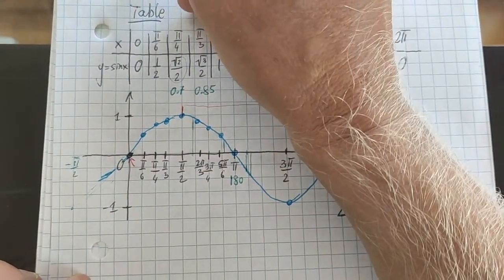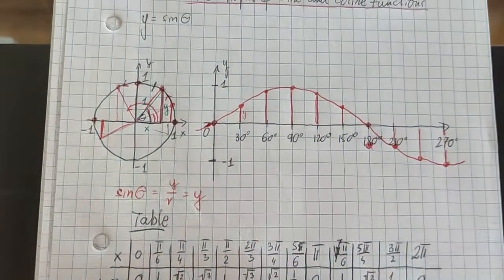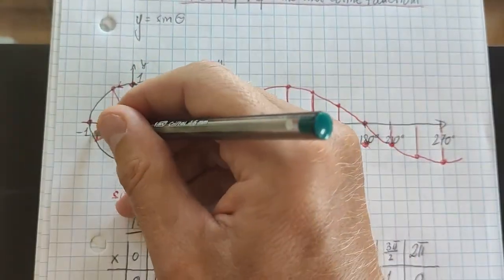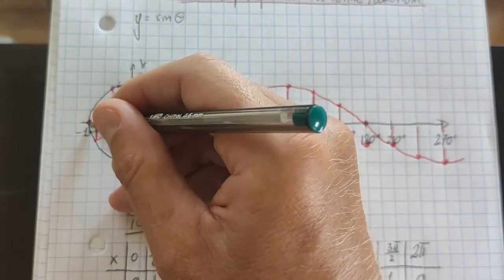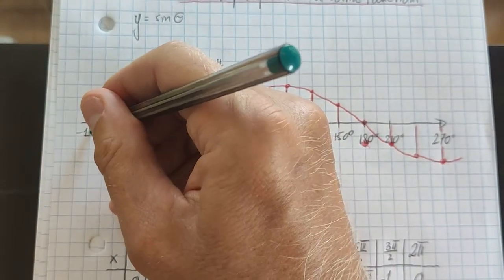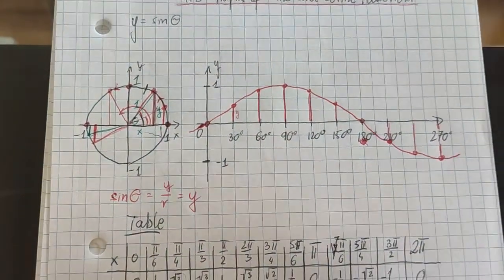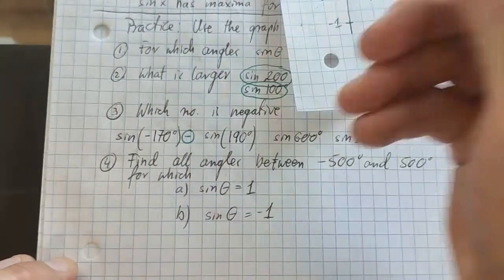So if I'm moving here, I'll be over there. So my triangle will be somewhere here, before negative 180. So the value of sine will be negative. Okay, so this one is negative.